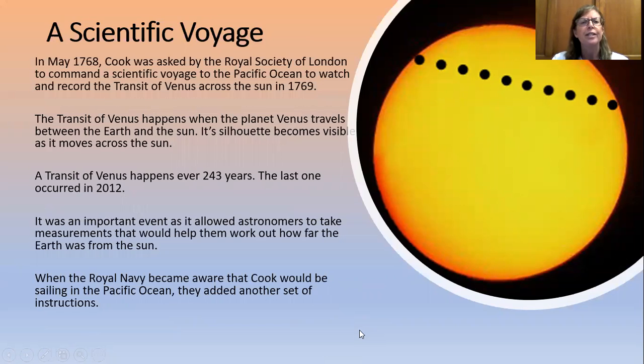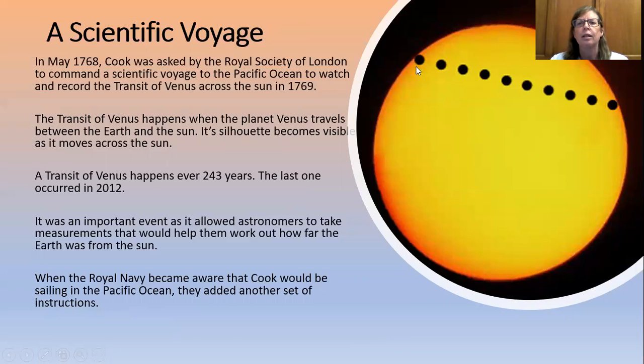In May 1768, Cook was asked by the Royal Society of London to command a scientific voyage to the Pacific Ocean to watch and record the transit of Venus across the Sun in 1769. The transit of Venus happens when the planet Venus travels between the Earth and the Sun.